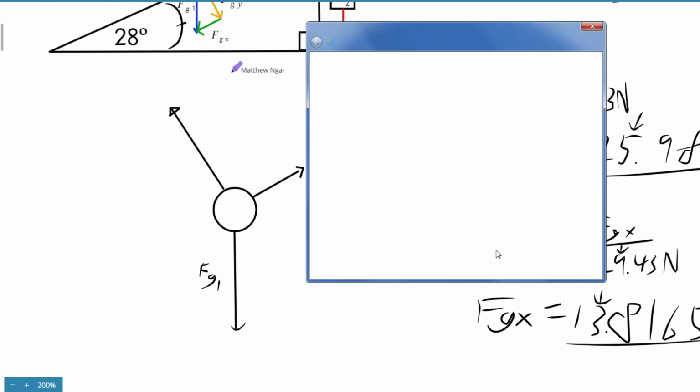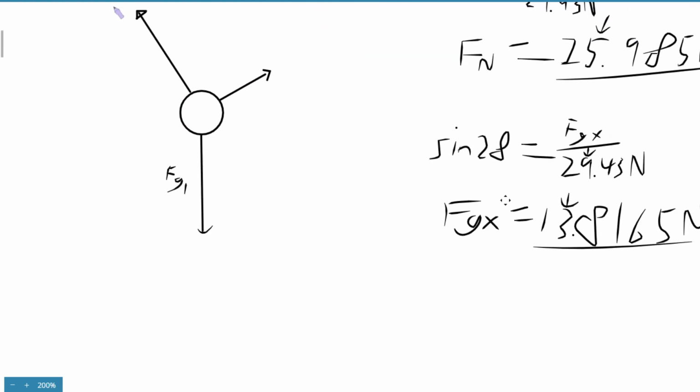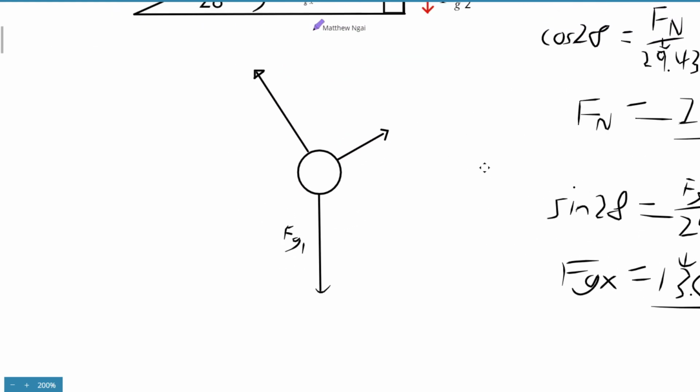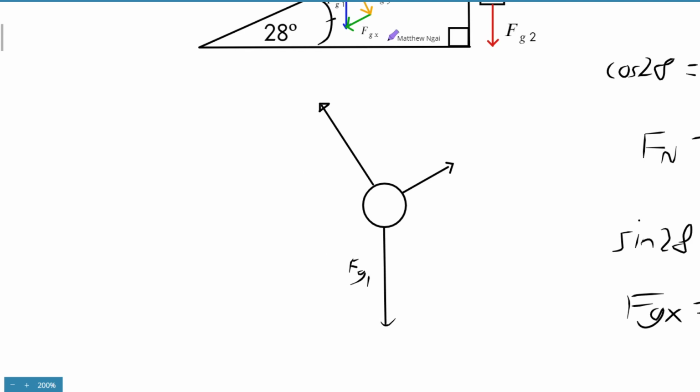Okay. So now let's put this on our free body diagram. We have this, which is FGX. Let's just write the value so I can show you something. It's 13.82 around.